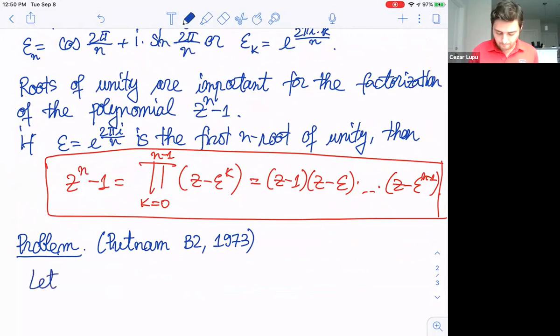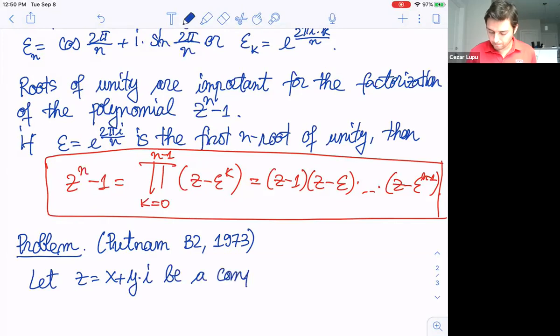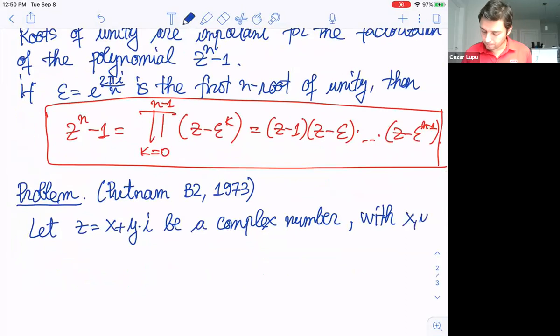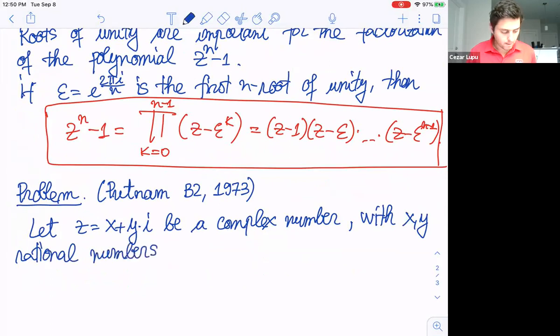Let z equal x plus yi be a complex number with x and y rational numbers, and with the absolute value of z equals 1.